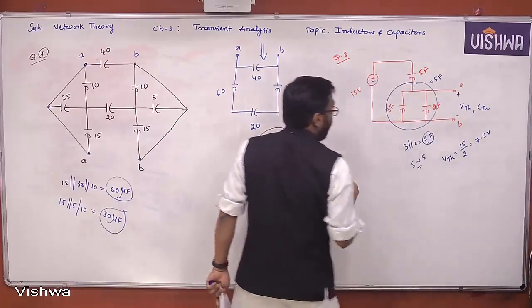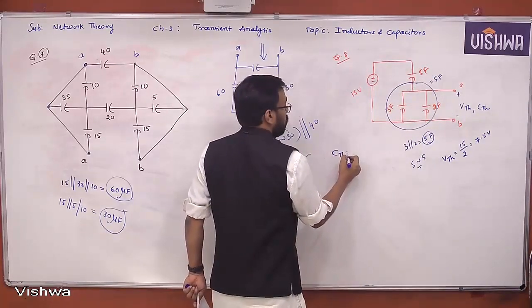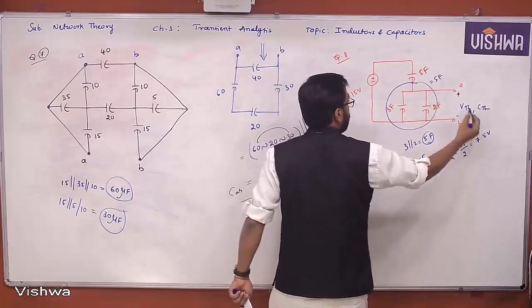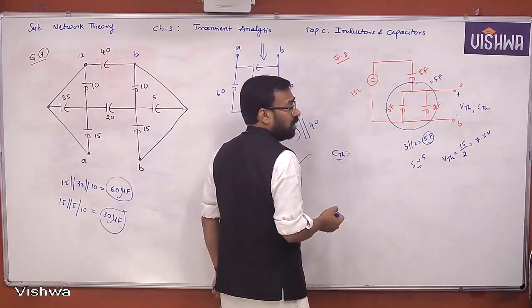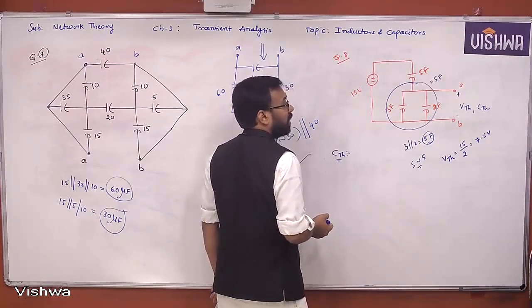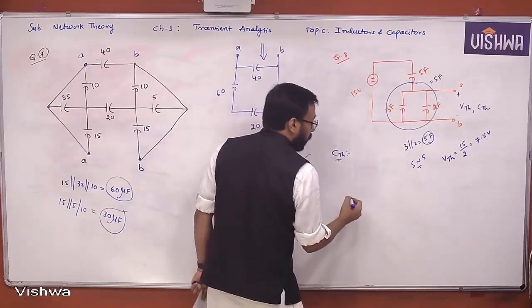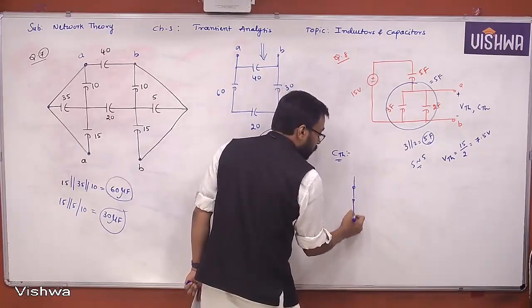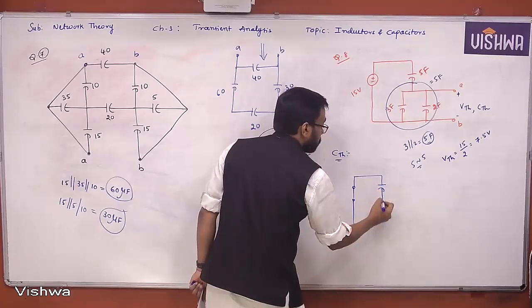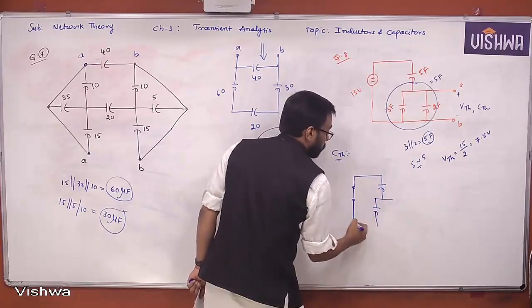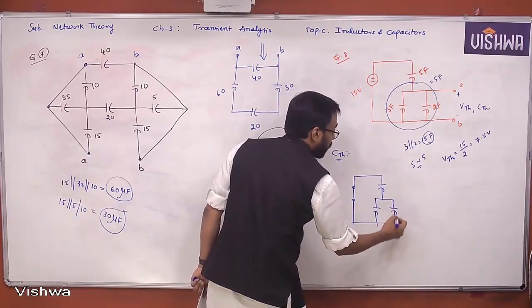Okay. For finding CTH, again the same procedure: look into the network through the terminals where the CTH is to be calculated, suppress all independent sources, that means it is replaced by the short circuit. And now you got the network looks something like this.